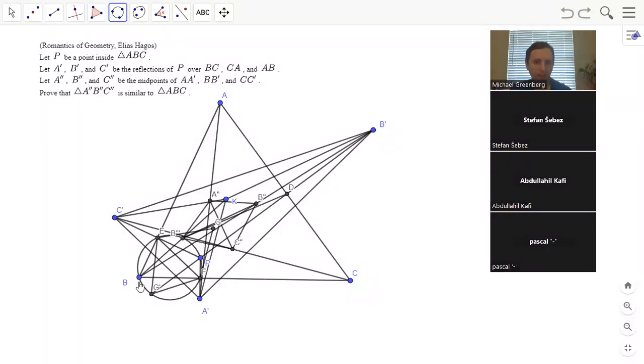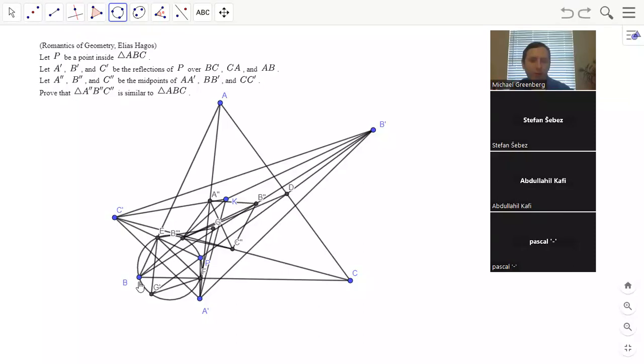So we have three different parallels to PA, PB, and PC. So what if we just looked at that instead?